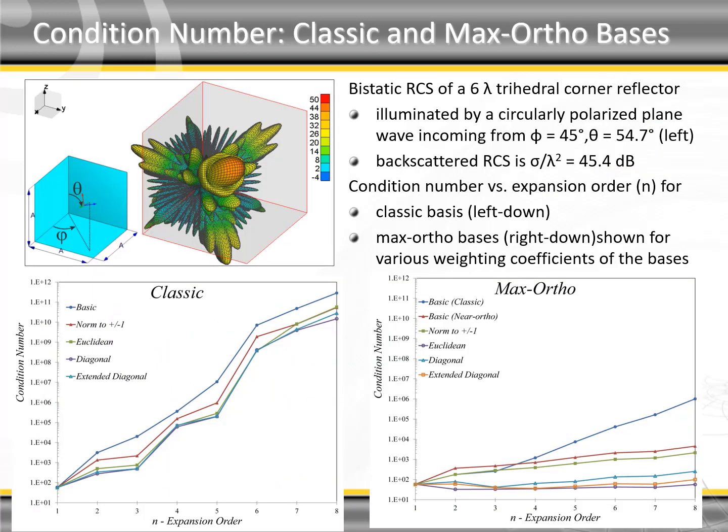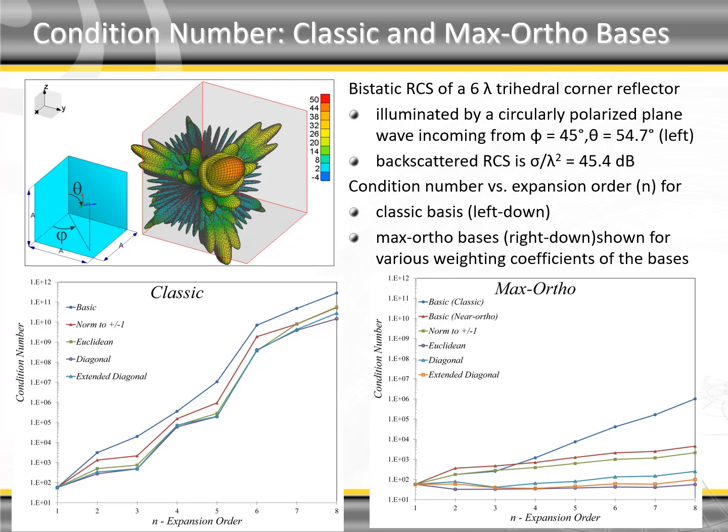Conditioning of the matrices obtained by classic and max-ortho bases is demonstrated on the example of trihedral corner reflector. The reflector is illuminated by a circularly polarized plane wave. 3D graph of bistatic RCS is shown left.